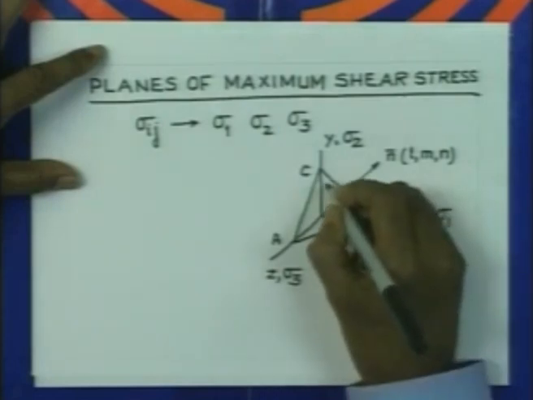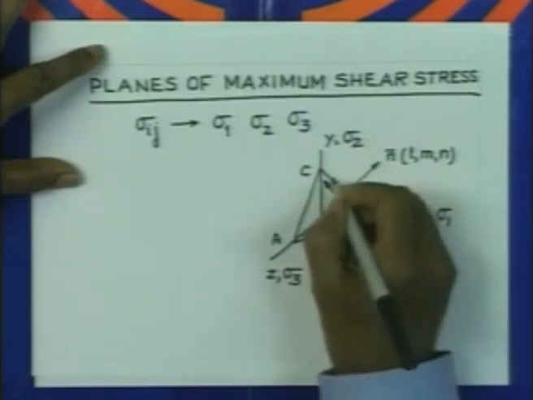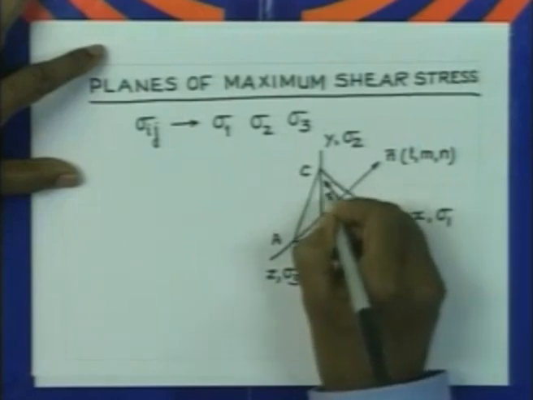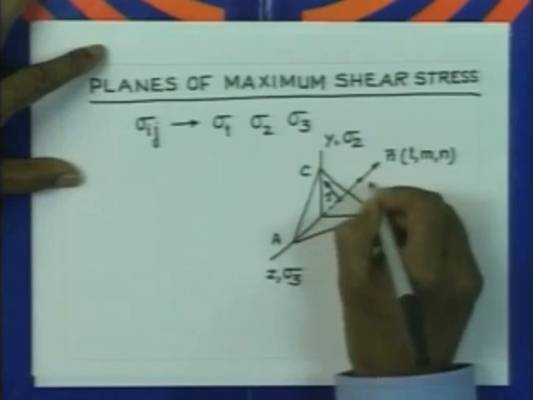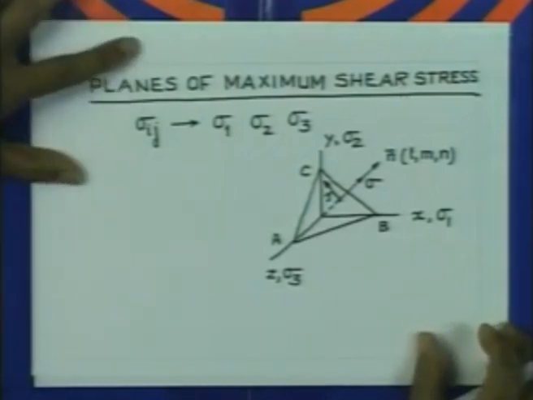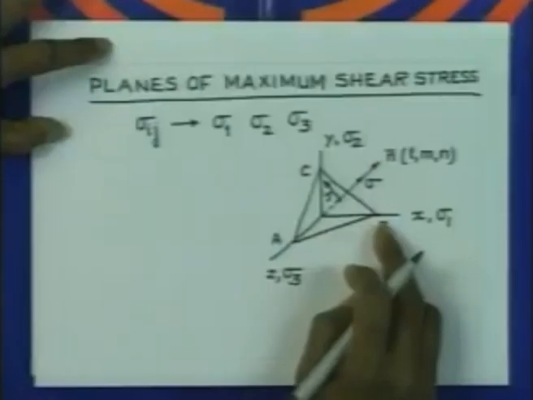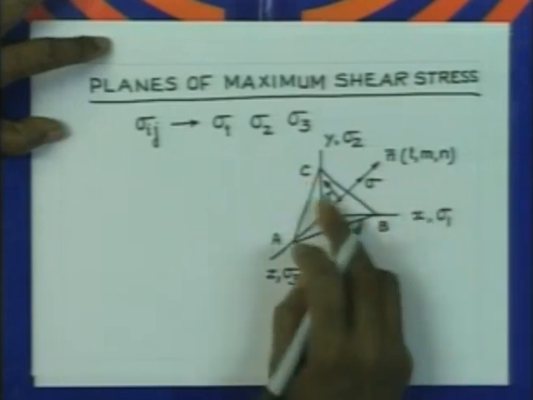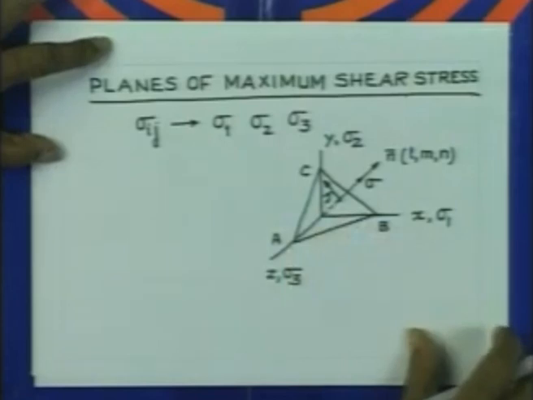So, the shear stress which is going to act on this plane, which is parallel to this plane, is equal to tau, and the stress which is going to be acting normal onto this plane is sigma. So, these are the two stresses, and we would like to see what would be the orientation of the plane ABC such that this shear stress tau is going to be maximum.